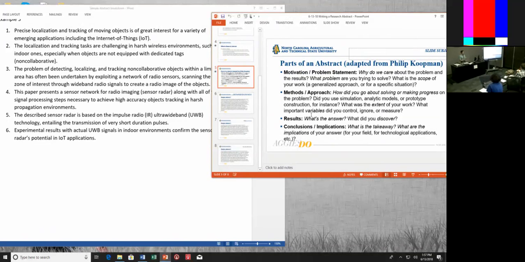And so it's another case where you'd really have to read the whole article to get that level of detail. But it seems like what they're doing is they're trying to get your attention if you're interested in these areas. They're kind of saying if you're interested in radio imaging or models for sensor networks, you're going to be interested in our article because we talk about a new or a comprehensive model for doing those things.